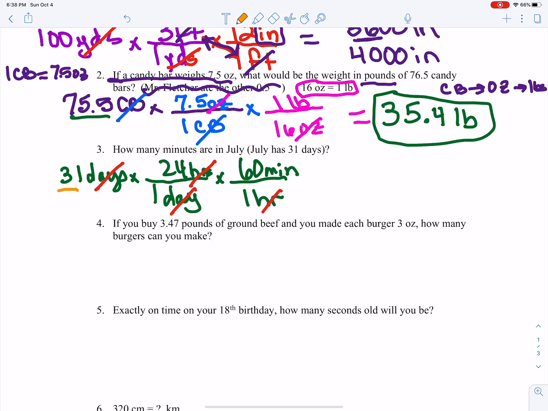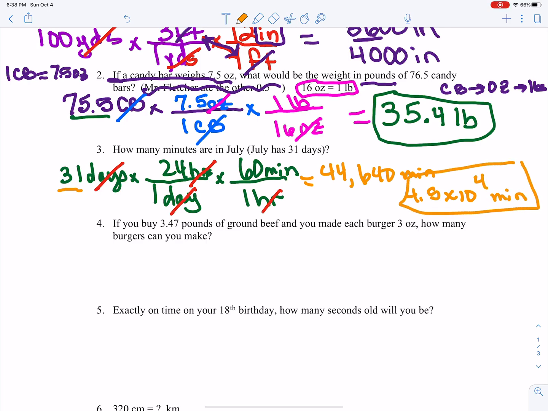So if you look here, you have 2 sig figs. In my calculator, I get 44,640 minutes, and you should be practicing this in your calculator. Well, I need that to be 2 sig figs. So you could do it this way: 4.5 times 10 to the 4 minutes. That would be your correct sig figs.